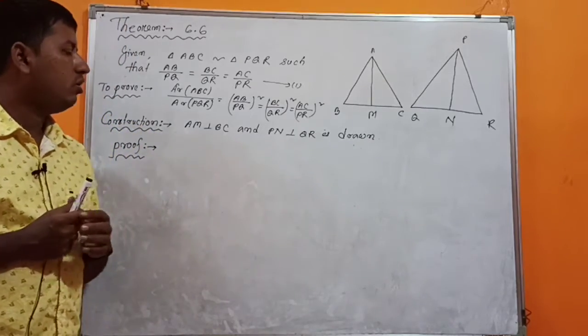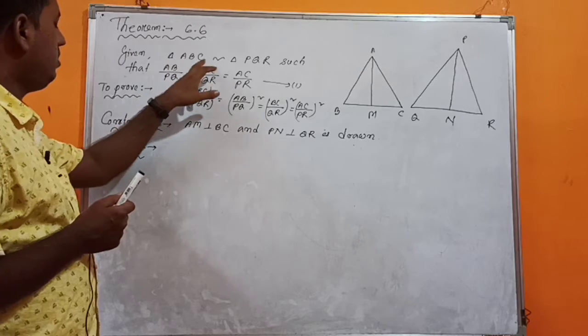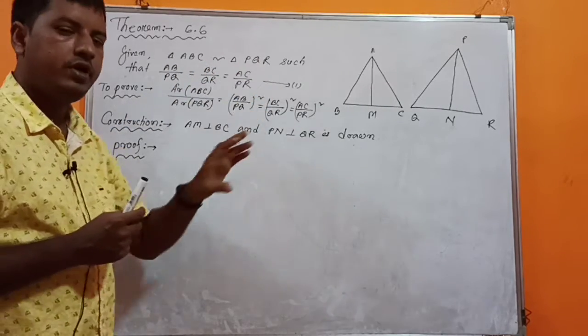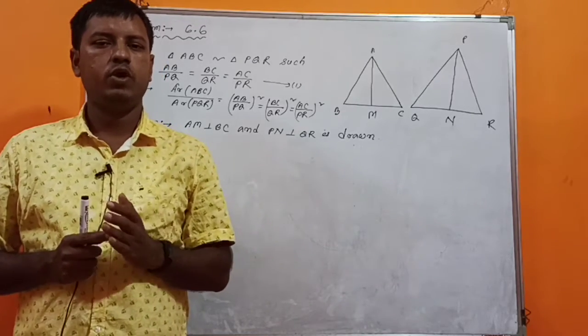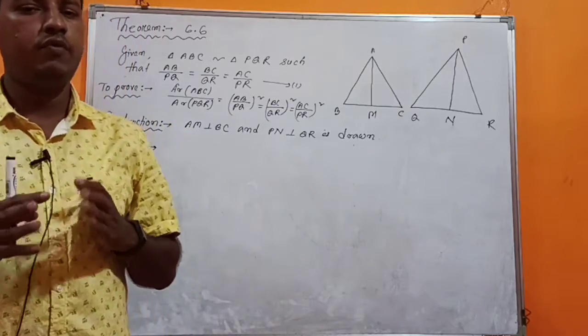In the question we are given triangle ABC similar to triangle PQR. We know that if two triangles are similar, then their corresponding ratios are equal. This is the characteristic of similarity of triangles.